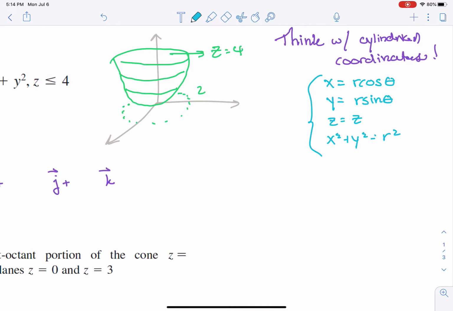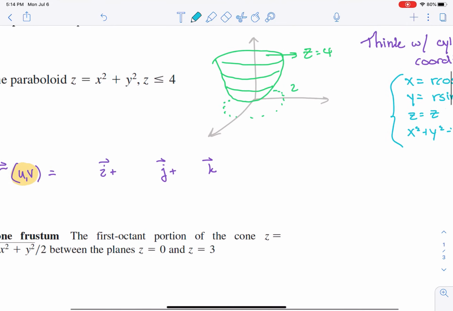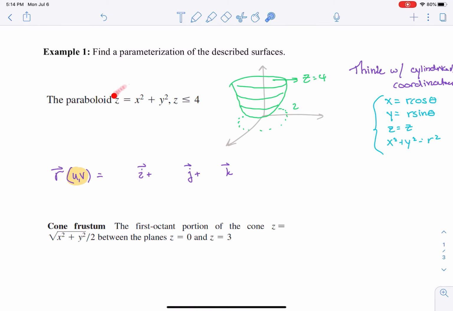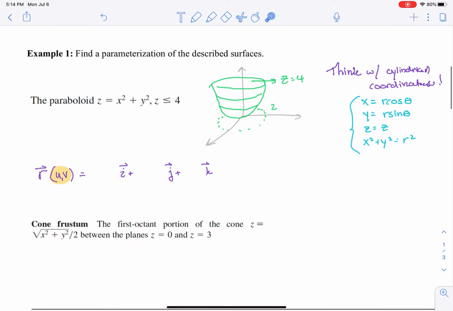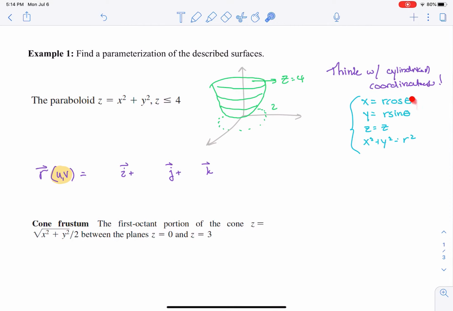So let's see if we can apply that in this case. So we're looking to somehow turn this z equals x squared plus y squared into a function of just 2 variables, u and v. So right now it's in terms of 3. So we can use the cylindrical coordinate system to turn it into a function of 2 variables, where r is going to equal the u value and theta will be the v value.